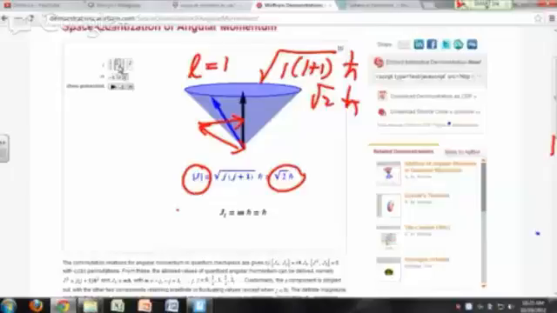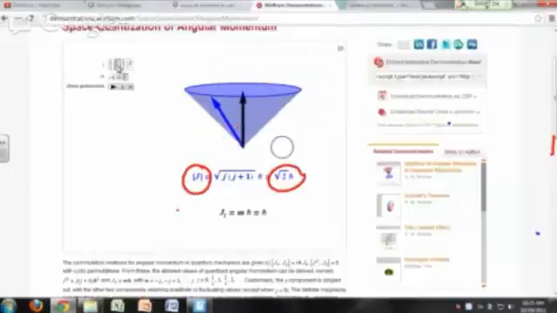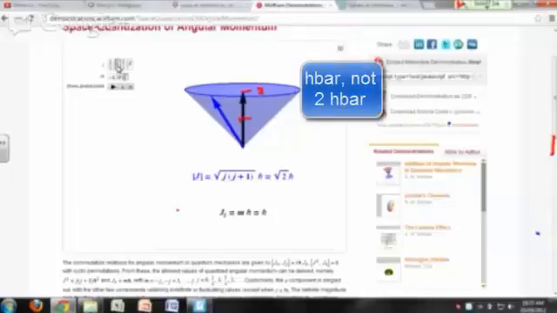Okay. It didn't update last time. All right, so here you have h bar and that's 2 h bar. The length of this is square root of 2 h bar. So it could be anywhere on this cone.